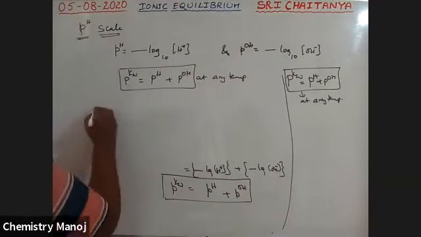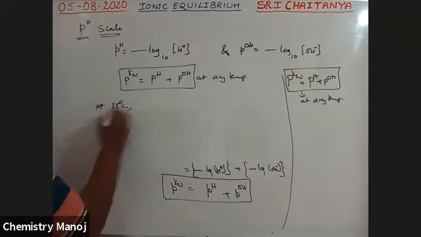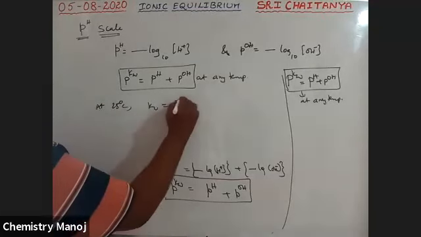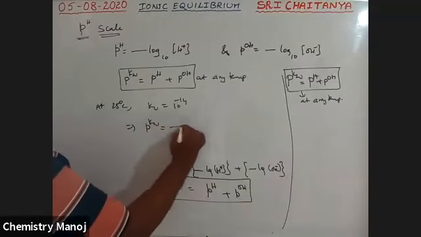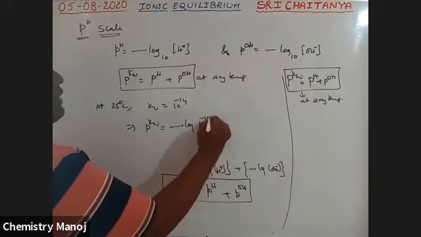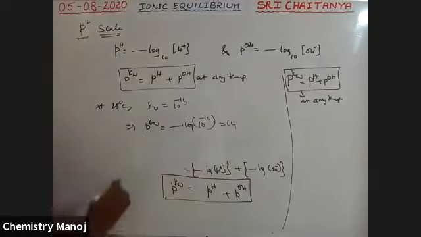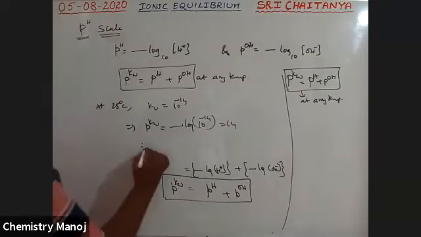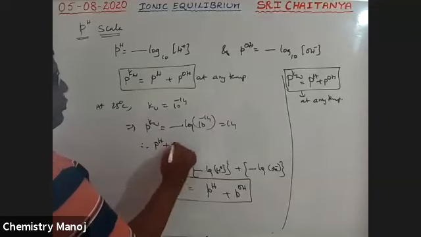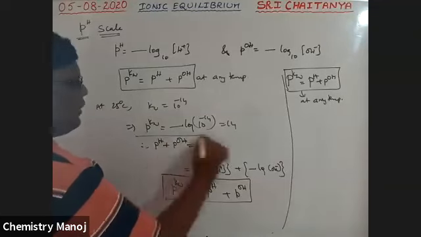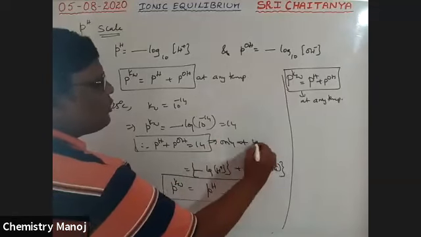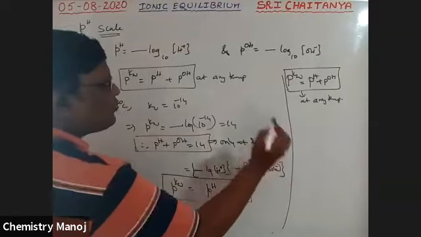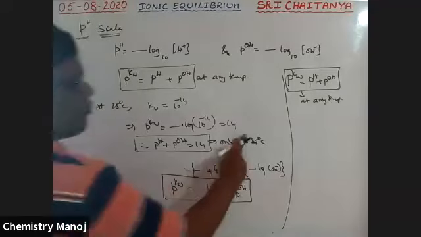But at 25 degrees centigrade, Kw is equal to 10 power minus 14. That implies pKw is equal to minus log 10 power minus 14, which is equal to 14. Therefore, pH plus pOH is equal to 14. This formula is applicable only at 25 degrees centigrade. So very, very important, boys.